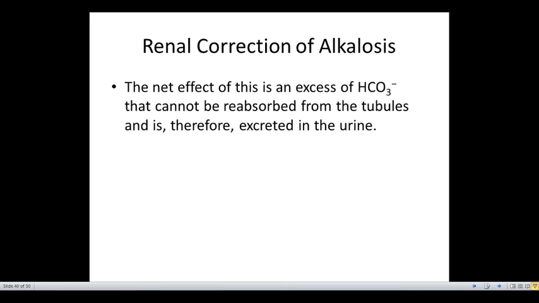The net effect of this is an excess of bicarbonates that cannot be reabsorbed from the tubules and is therefore excreted in the urine.